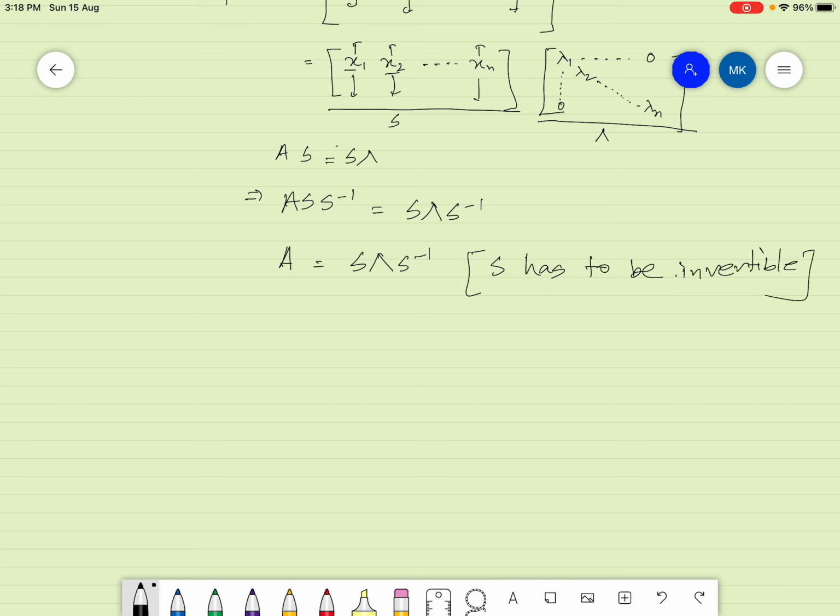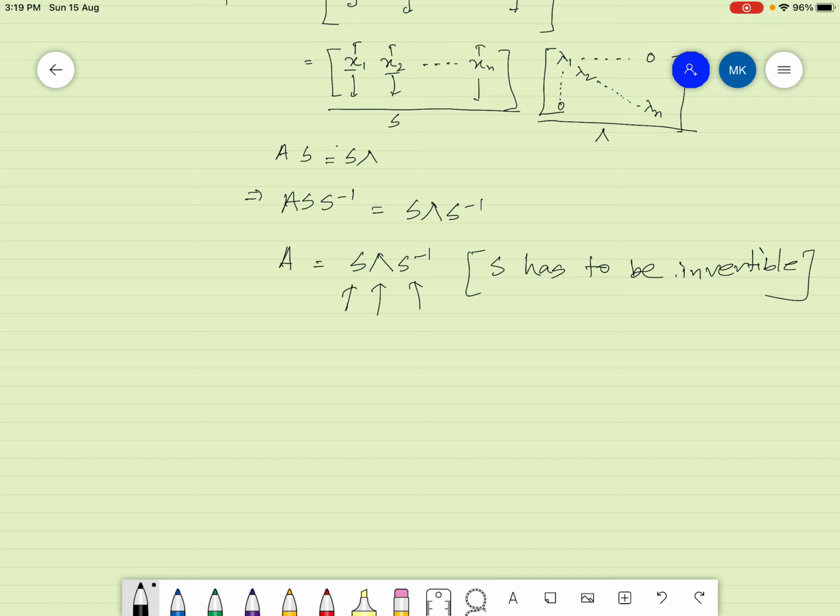So in this case S is an eigenvector matrix, S inverse is the inverse of that particular matrix, and lambda is the diagonal matrix, right? The diagonal matrix with all the eigenvalues on its diagonal. So this is why this is called the diagonalization of a matrix.